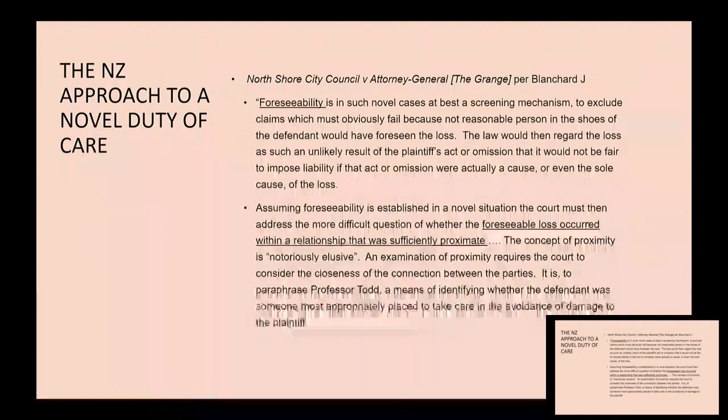And it is almost an umbrella term that captures different kinds of relationship, okay? And we're going to look at that in the context of omissions. But it requires the court to consider the closeness of the connection between the parties. It's a means of identifying whether the defendant was someone most appropriately placed to take care in the avoidance of damage to the plaintiff.